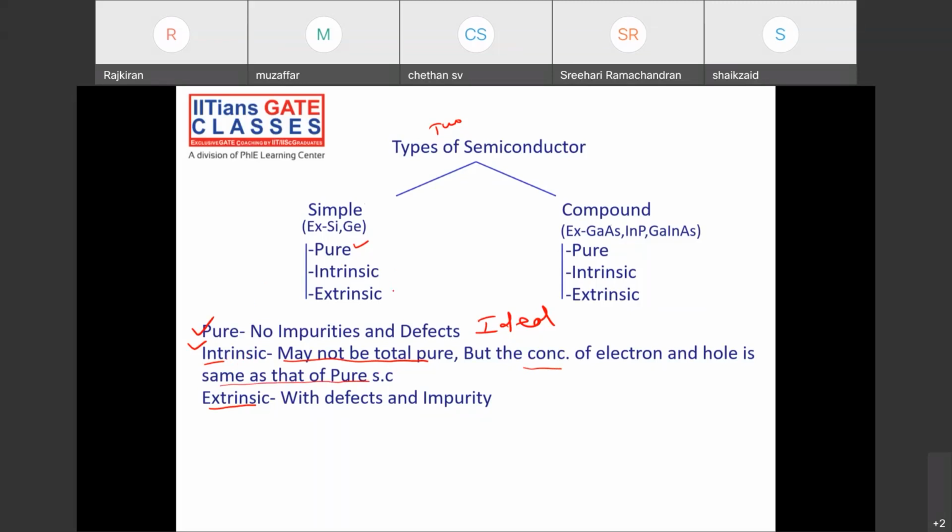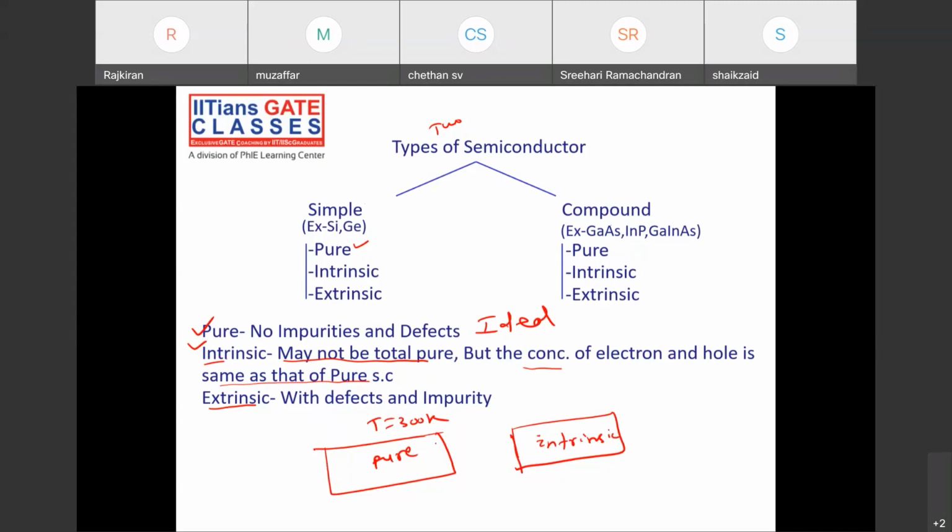Even if there are impurities in the intrinsic semiconductor, the concentration of electrons and holes is the same as that of a pure semiconductor. Suppose you take a pure one and an intrinsic one at T equal to 300K.